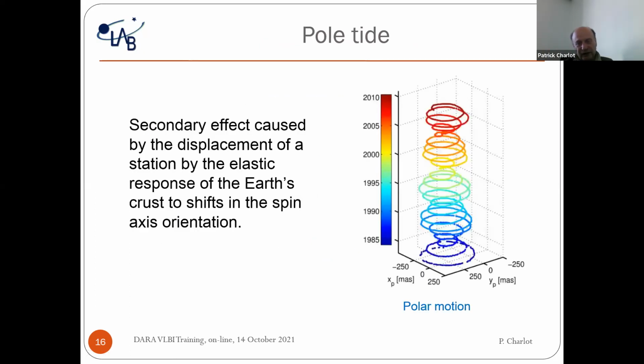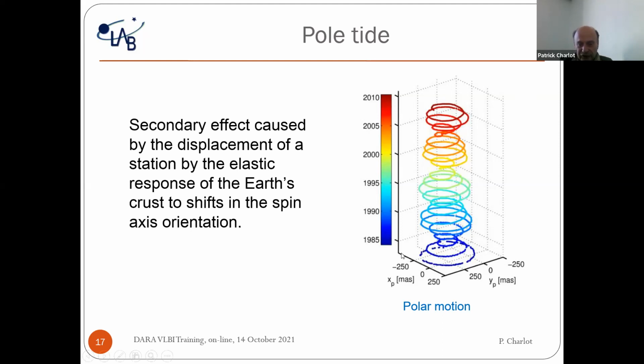Okay, another effect which is still due to the fact that the Earth is not a rigid body but is an elastic body. It's what we call the pole tide, and it is the axis of rotation of the Earth slightly moving with respect to the Earth's crust.